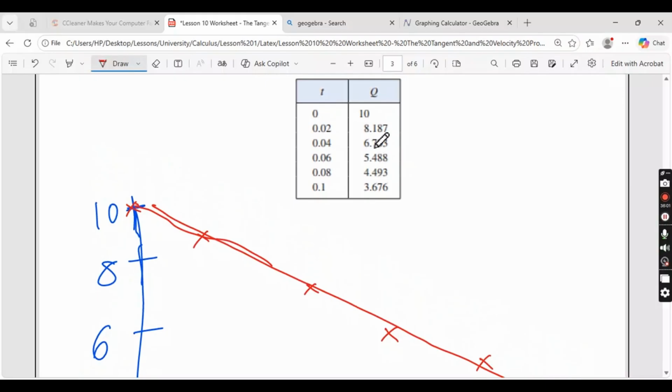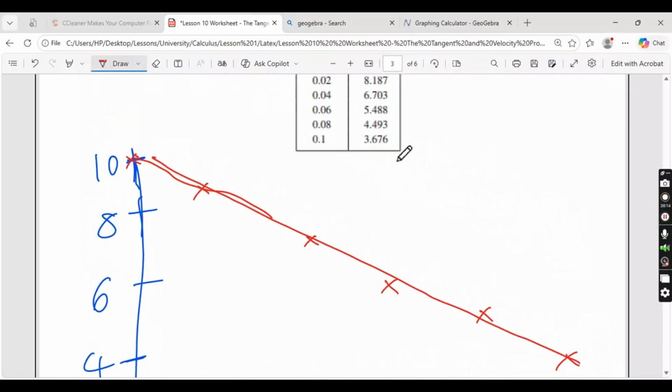Okay, say that one more time. 10 minus 6.703 divided by 0 minus 0.04.